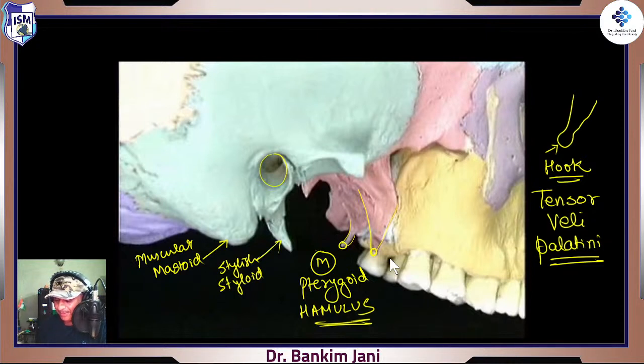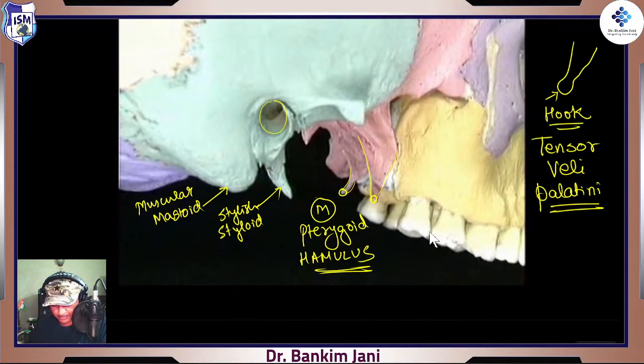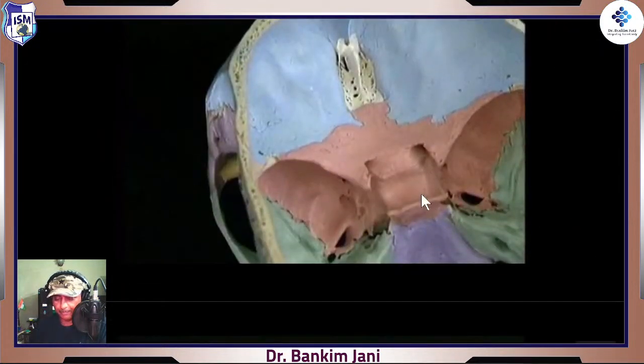So it is the tendon of this muscle which glides over there, right? That's what we'll see. So that is the importance of this hamulus. Yes, styloid process. That's right. Okay.